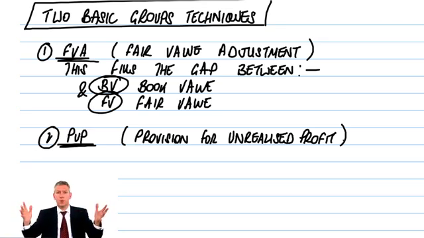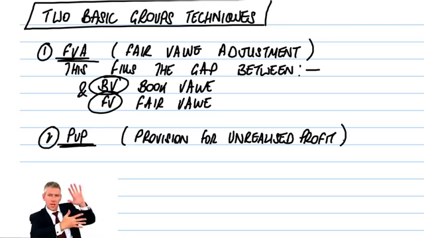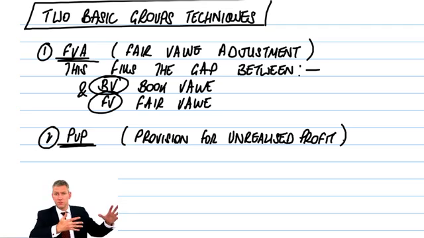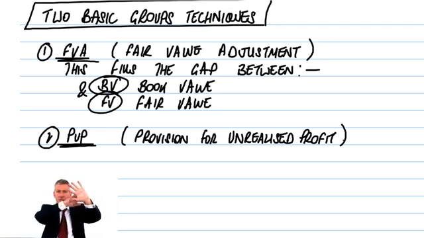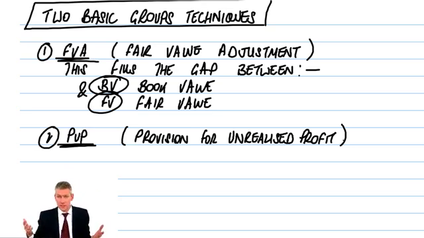But it creates a problem, because when the sub makes a sale to its customer, which happens to be you, the sub records a profit, which is right because it's made a profit. But from the group perspective, you can't make a profit from the right hand selling to the left hand. How would that work? You can't make a profit selling to yourself.